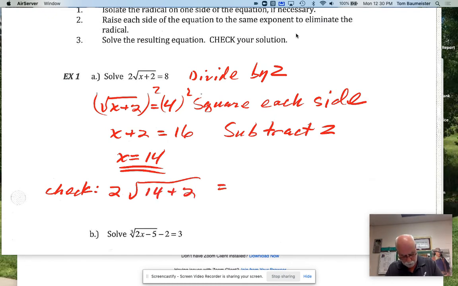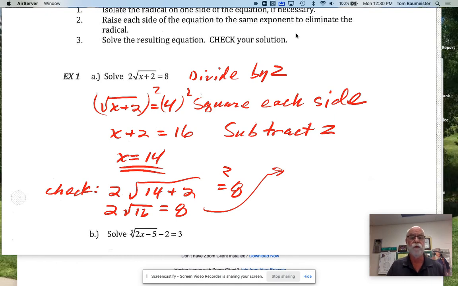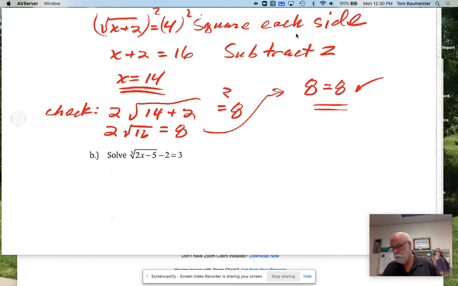And again, our question is, does that equal 8? Well, on this side, we have 14 plus 2 is 16. Square root of 16 is 4, and 2 times 4 is 8. So 8 does equal 8. We checked, and we know we got that one correct.